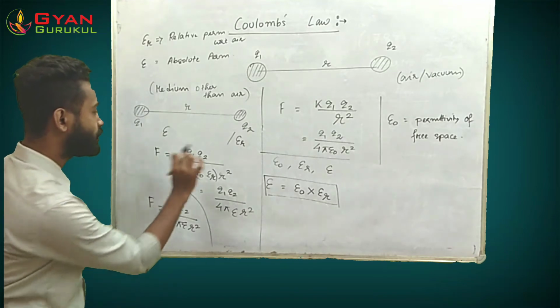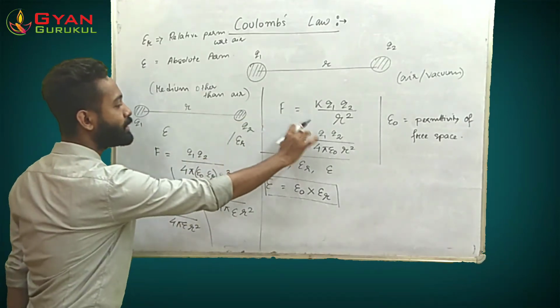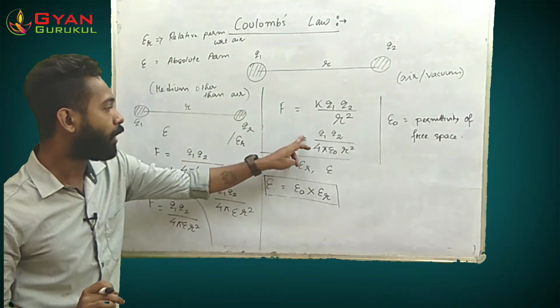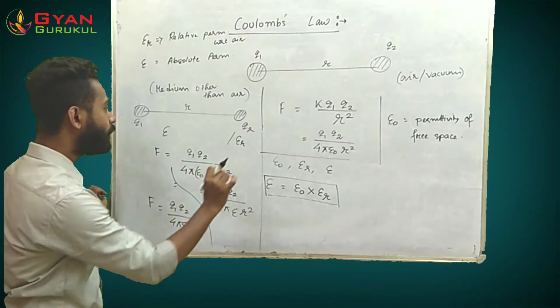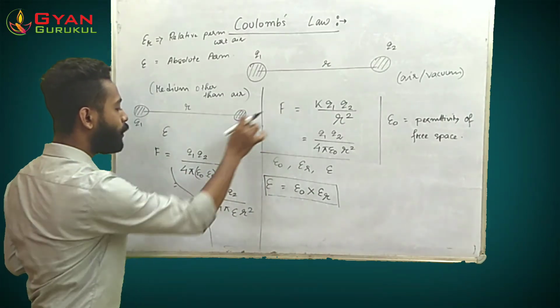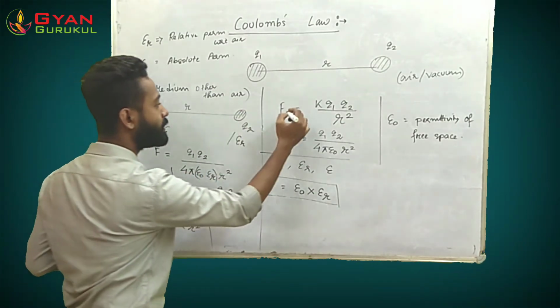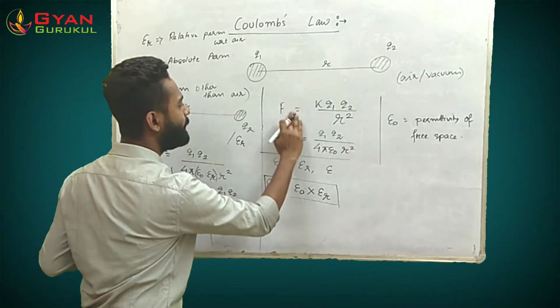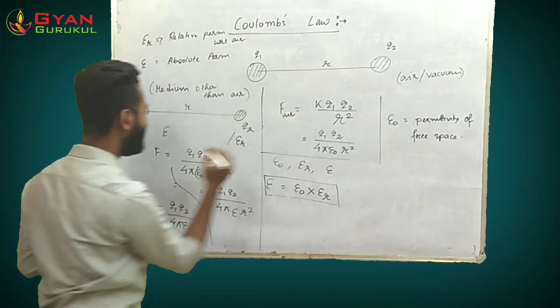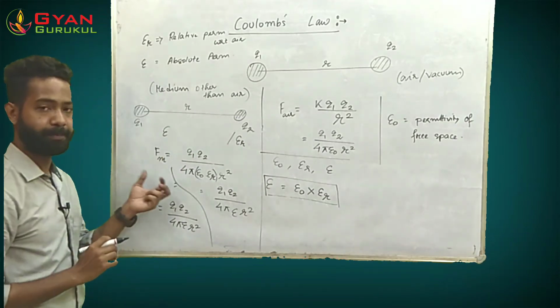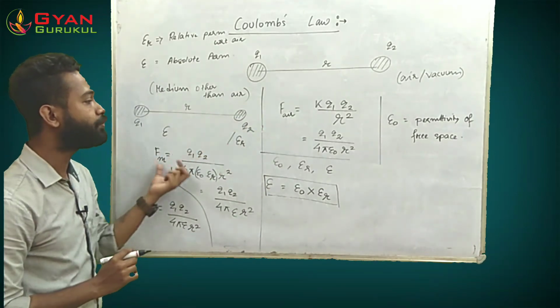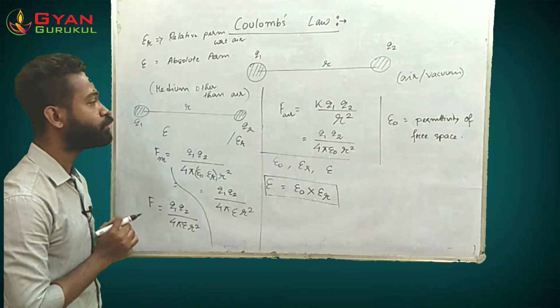Now when you check these two formulas, how are they related? Let me take the force in air as F air and the force in any different medium as F medium.